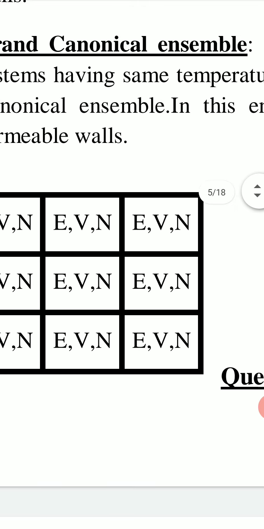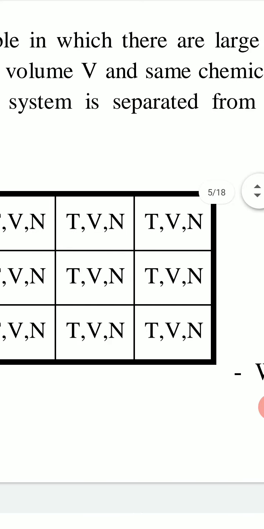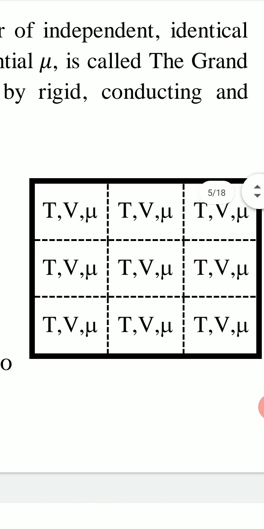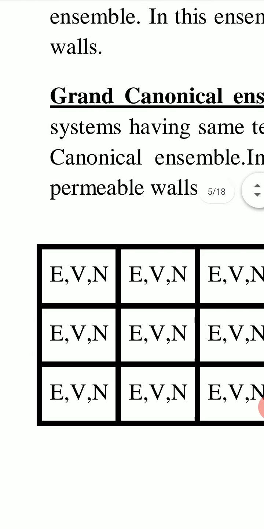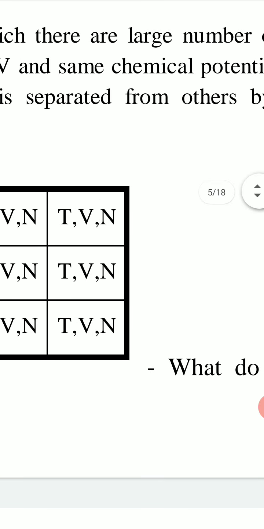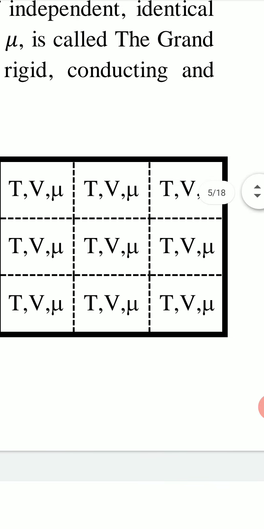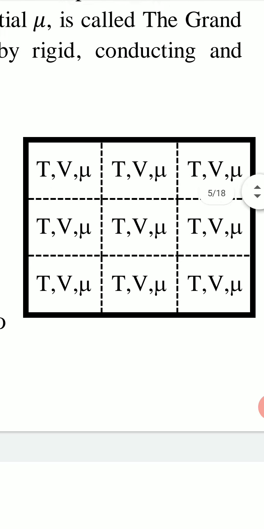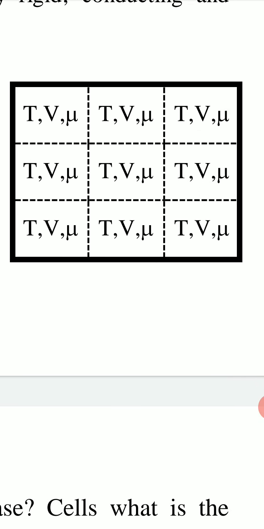In the last we have the grand canonical ensemble, an ensemble in which there are a large number of independent identical systems having the same temperature T, same volume V, and same chemical potential mu, called the grand canonical ensemble. It is shown in this figure. In the grand canonical ensemble, these identical systems have the same values of T, V, and mu.